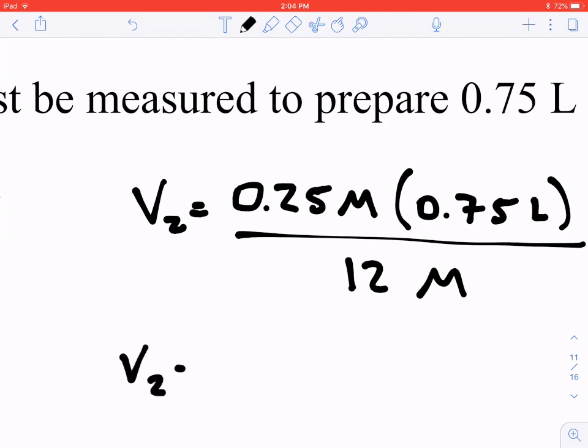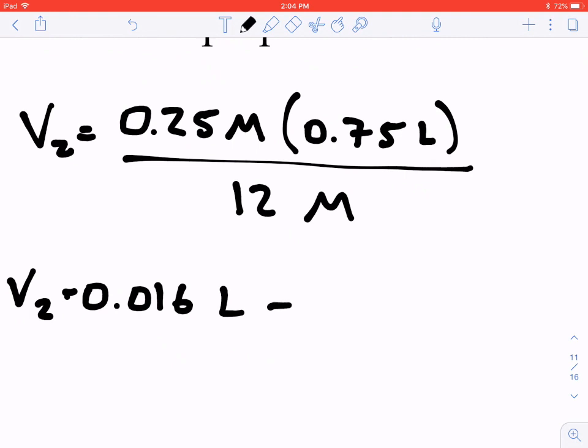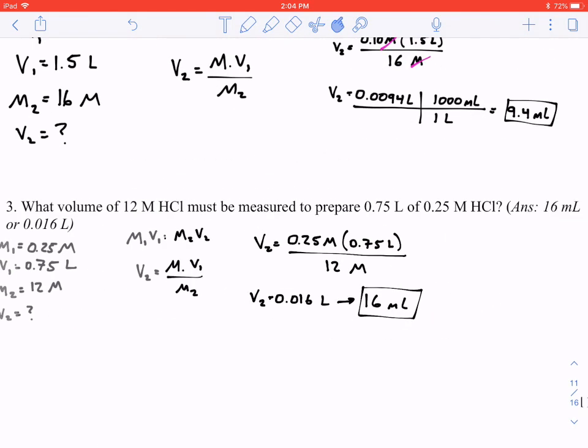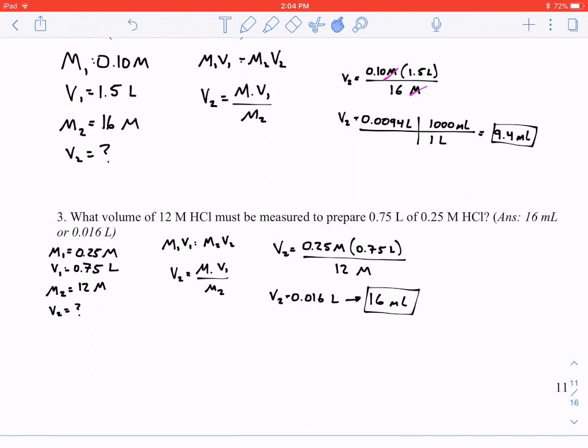That gives us a volume of 0.016 liters. Again, that's hard to actually measure out in lab, so if you multiply that by 1,000, this turns into 16 milliliters. And that is the volume of that stock solution that we want, and then we'll dilute the rest with water.